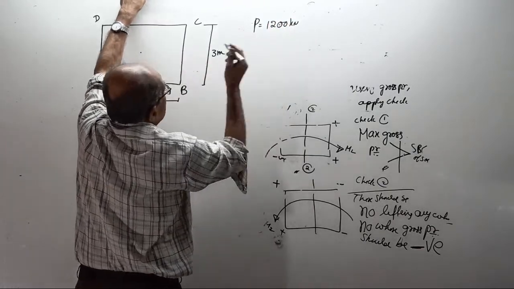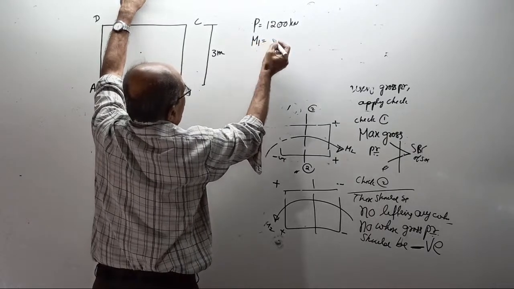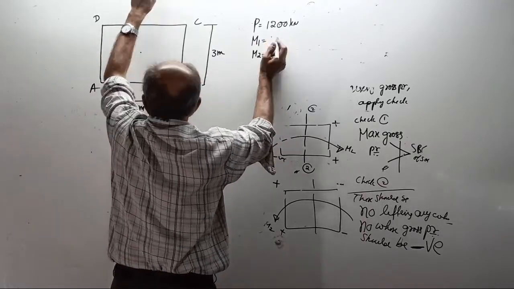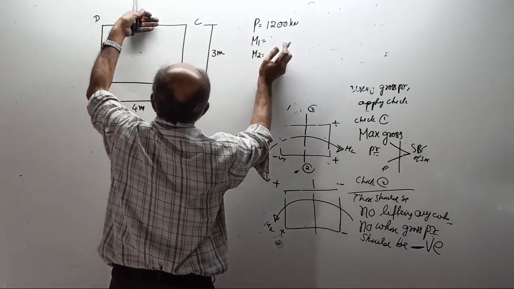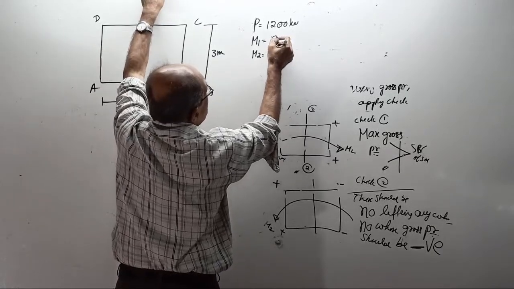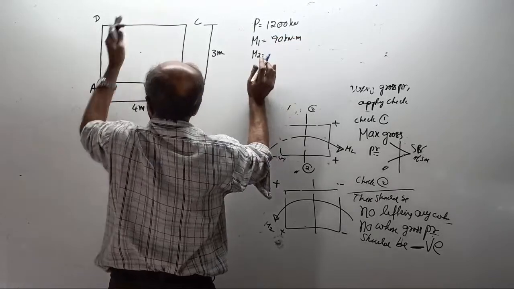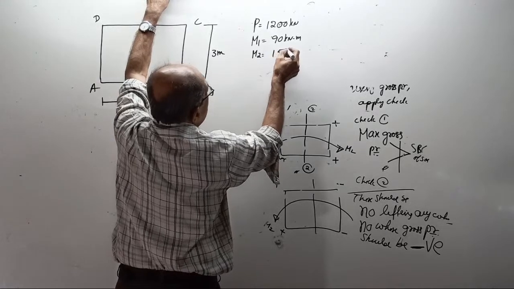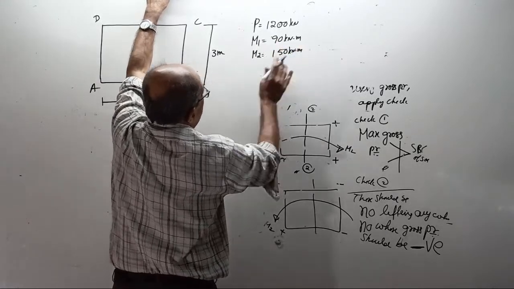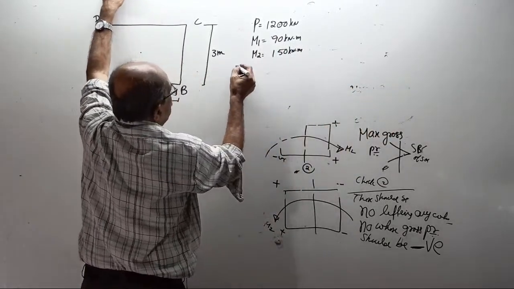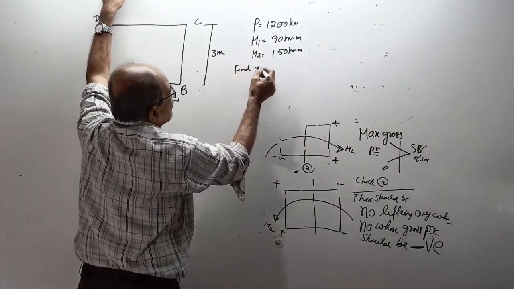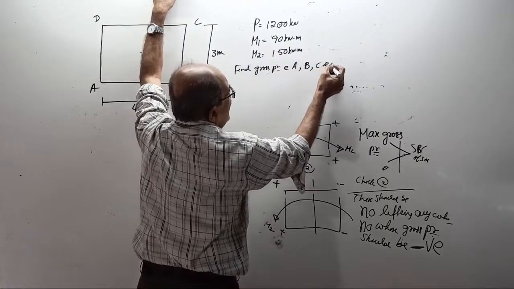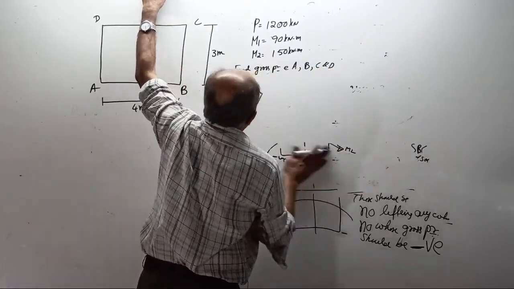Then further, there is a moment M1 of 90 kilonewton meter and M2 of 150 kilonewton meter. And you find gross pressure at A, B, C and D for the following cases.